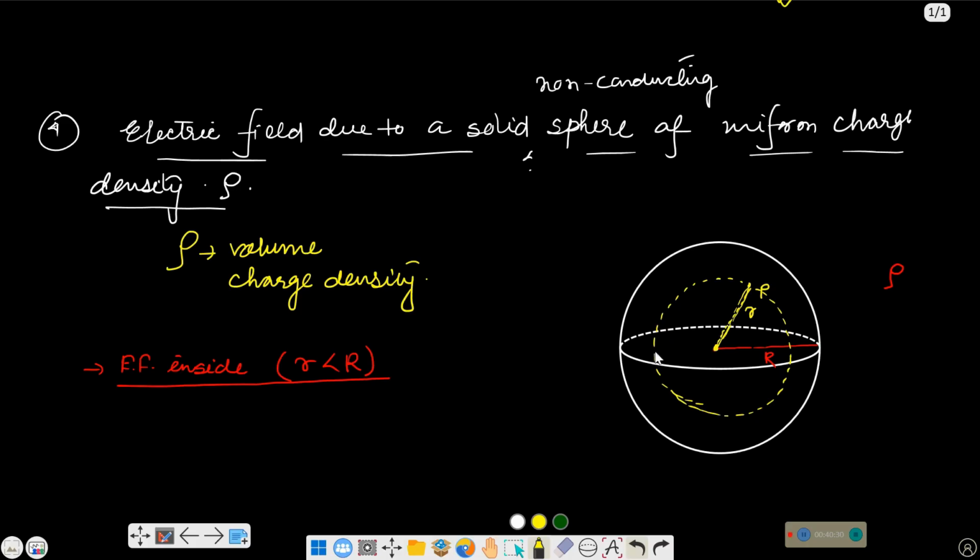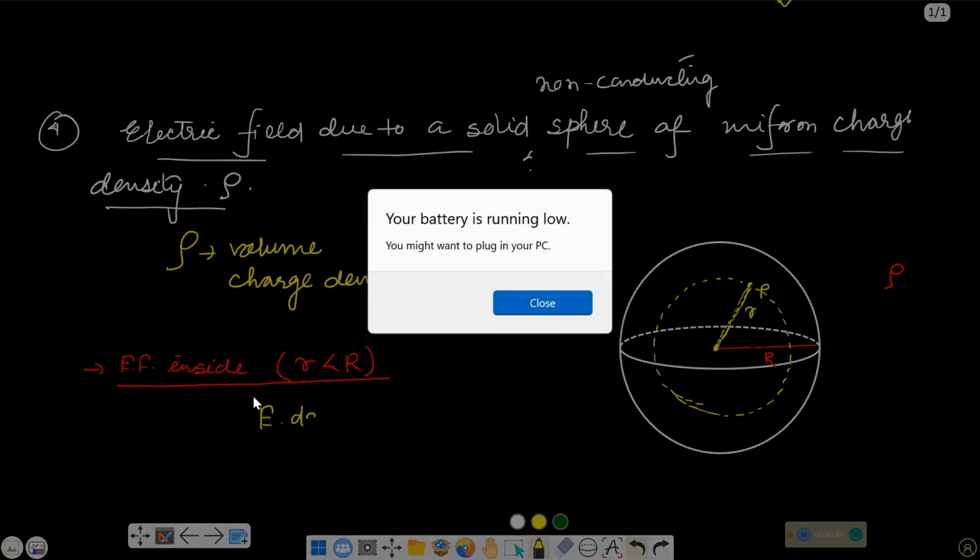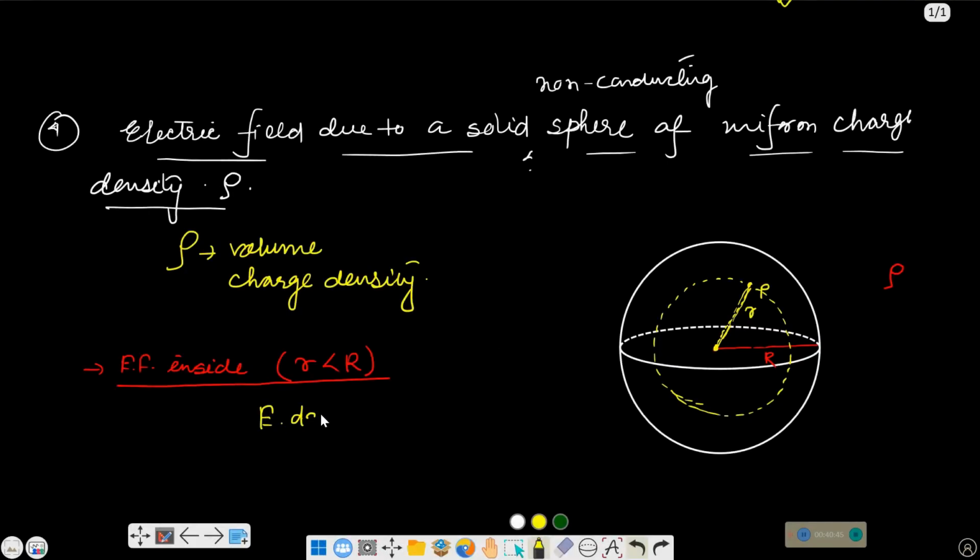Up to this Gaussian surface, from the symmetry, the electric field will be such that the integration of E dot ds will be equal to q in by epsilon naught. So this is very simple.